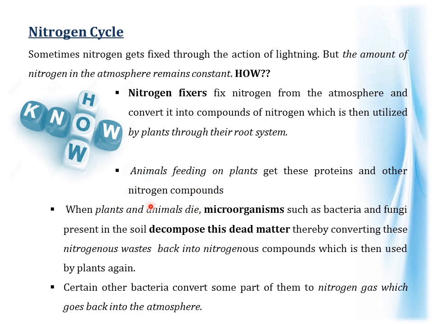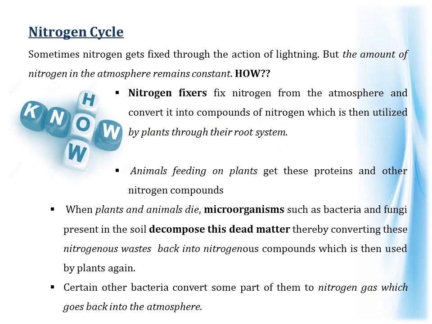When animals and plants die, the microorganisms such as bacteria and fungi present in the soil decompose this dead matter, thereby converting the nitrogenous waste back into nitrogenous compounds, which are then used by plants again. And there are certain bacteria which convert some part of this nitrogenous compound into nitrogen gas, which goes back into the atmosphere. Thereby the full circulation of nitrogen is complete.